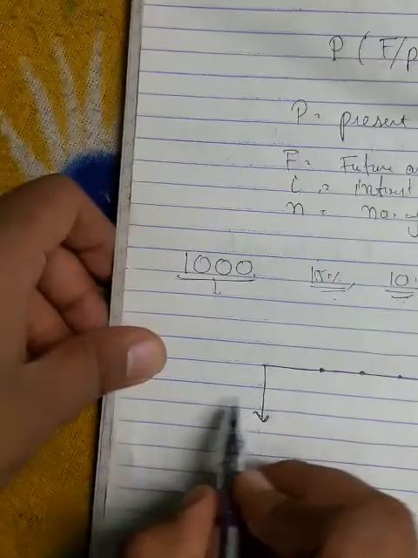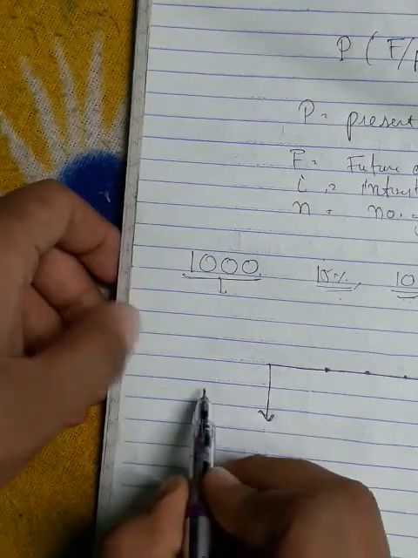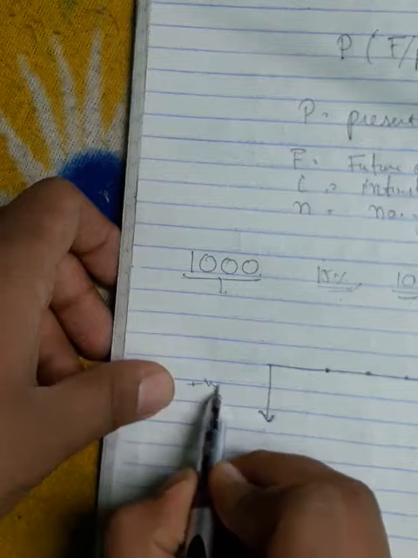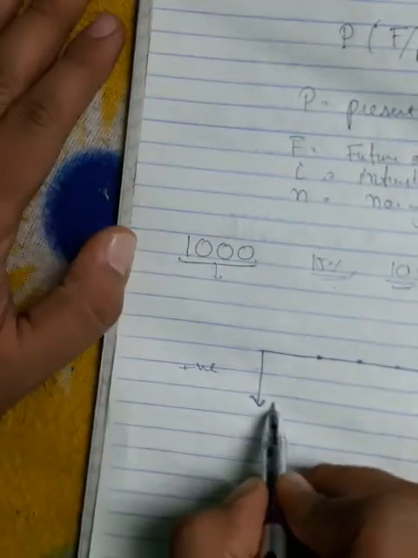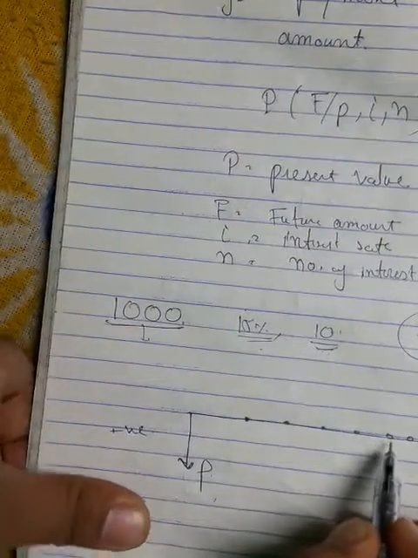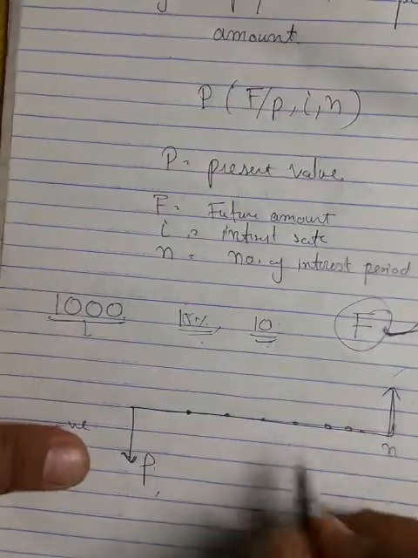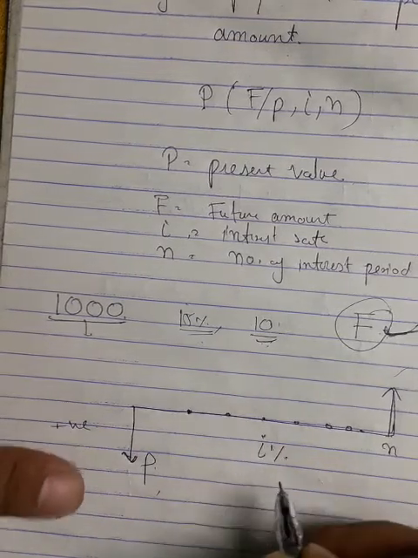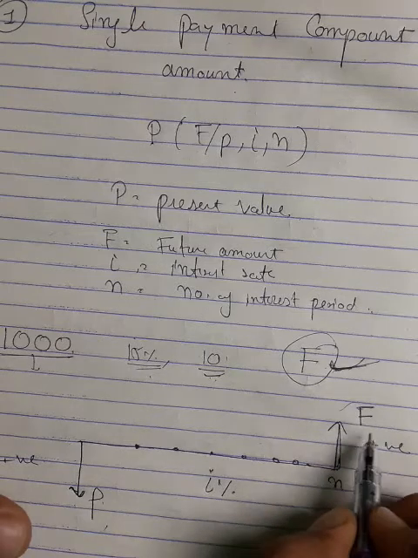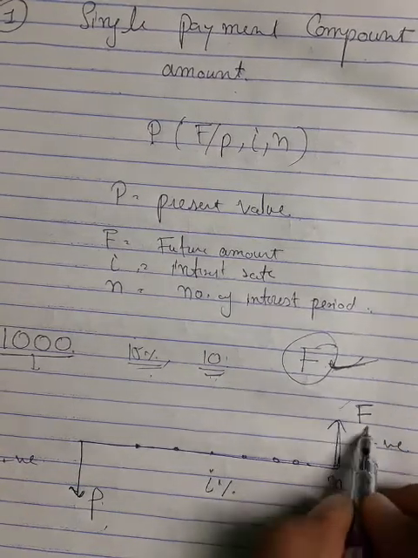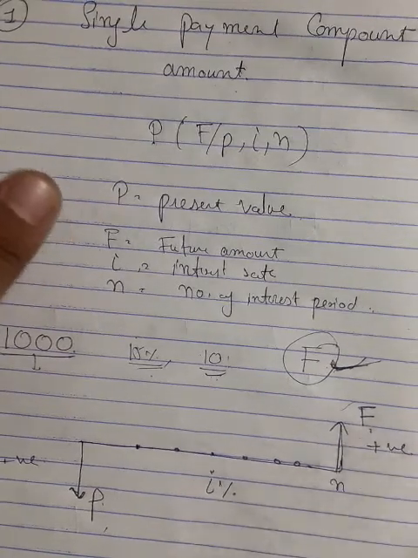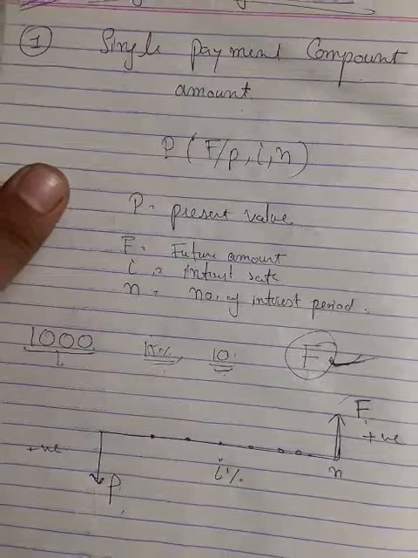Since you are going to invest, these are outflows from you, so they are shown with a negative sign. This is your present value that you spend, this is the number of years with an interest rate of i%, and this is the future amount you are going to earn. If you solve this, we can easily understand it.